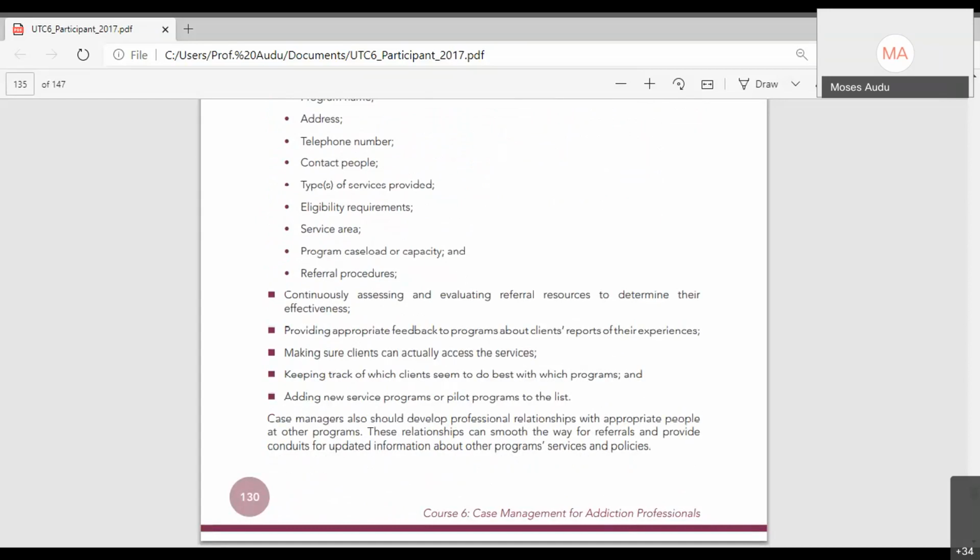Continuously assessing and evaluating referral resources to determine their effectiveness. You must, as a case manager, continuously assess and evaluate to know whether you are actually meeting the needs of your clients or not, and then providing appropriate feedback to programs about clients' reports of their experiences.